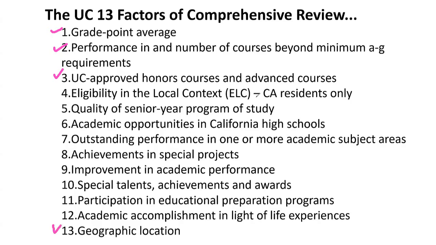The formula may be similar to Cal Poly, but they do add more things like advanced opportunity, outstanding performance, competitions, those kinds of things. So basically, I believe that UC schools use these 13 factors of comprehensive review to actually screen out people.